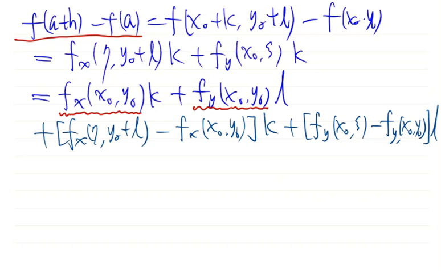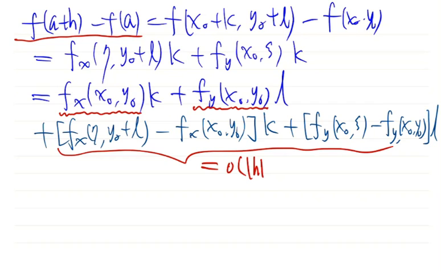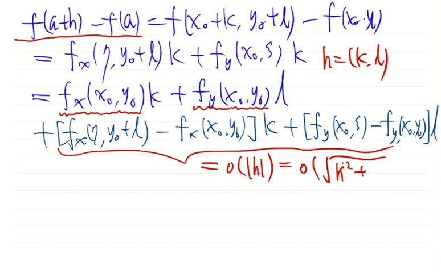So it remains to prove that the remainder is a higher order term with respect to the norm of h. That is because h is (k, l), so its norm is the square root of k square plus l square. So we only need to prove that the second line of the right hand side of this equality is a higher order term.